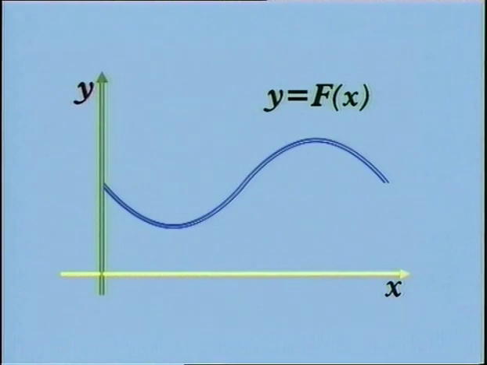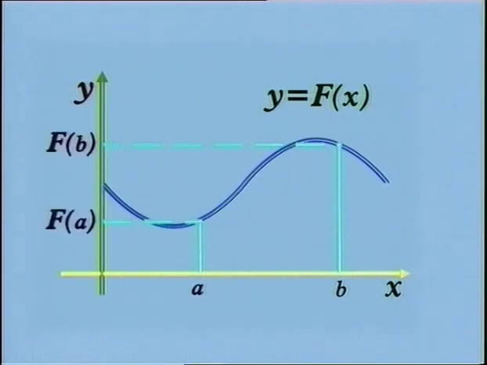Suppose that a and b are any two values of x. Then this vertical distance is the change in the value of the antiderivative big F of x as x moves from a to b, which is, of course, big F of b minus big F of a.